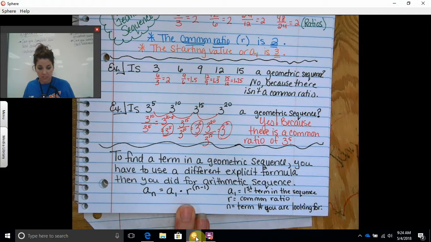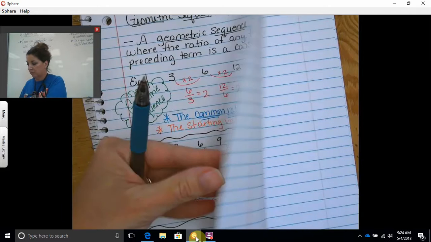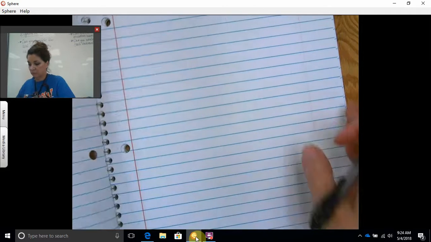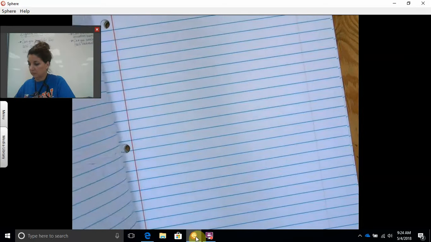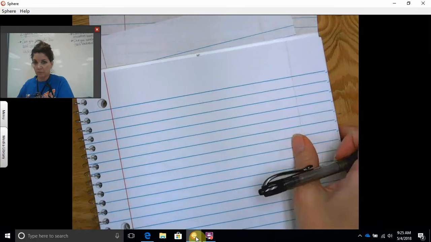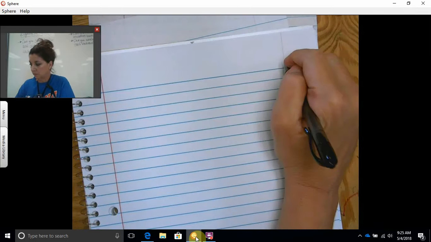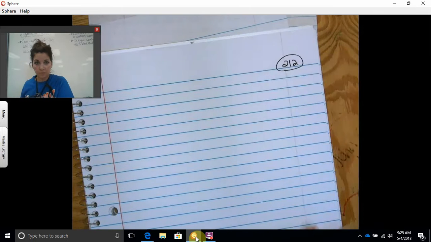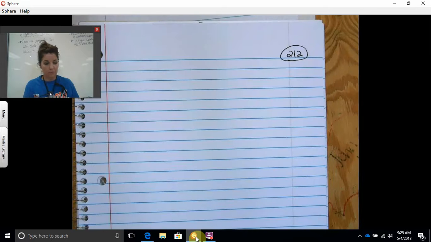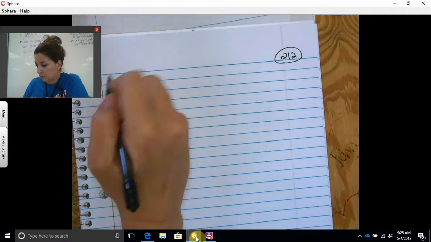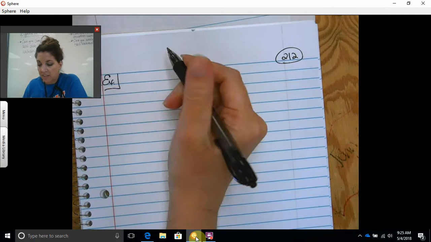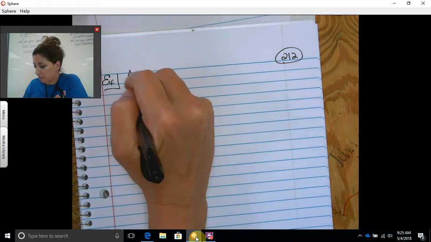All right, so let's put this into action. On page 212. Find the 10th term of the sequence.